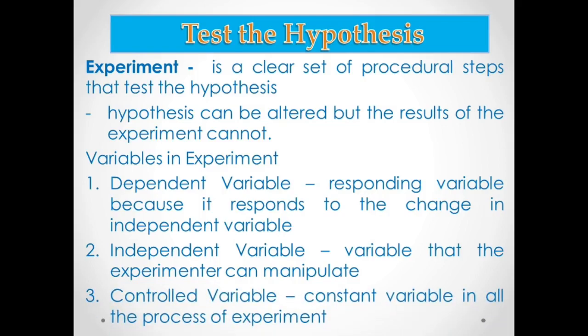And the last one is what we call the controlled variable, and it is the constant variable in all the process of the experiment. For example, if they tested the hypothesis for the soil nutrient nitrogen and then repeated their controlled experiment for phosphorus, if you have a controlled soil nutrient in the area, you put a fixed amount of nitrogen or a fixed amount of phosphorus.